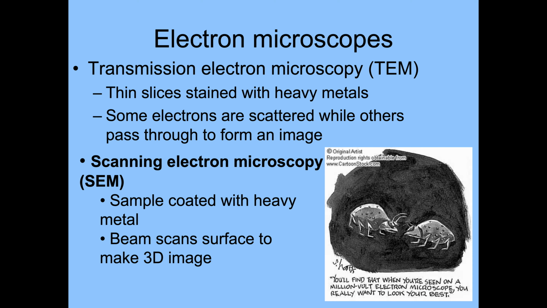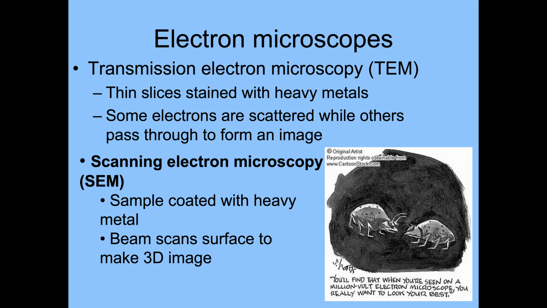As they scatter throughout the box, they do this at different angles and different speeds. All of that information is captured by sensor plates surrounding the specimen being viewed. Those electron velocities and angles are all captured. All of that data is put into software on a computer, and on a computer screen, it uses several different algorithms to show an electron micrograph picture.